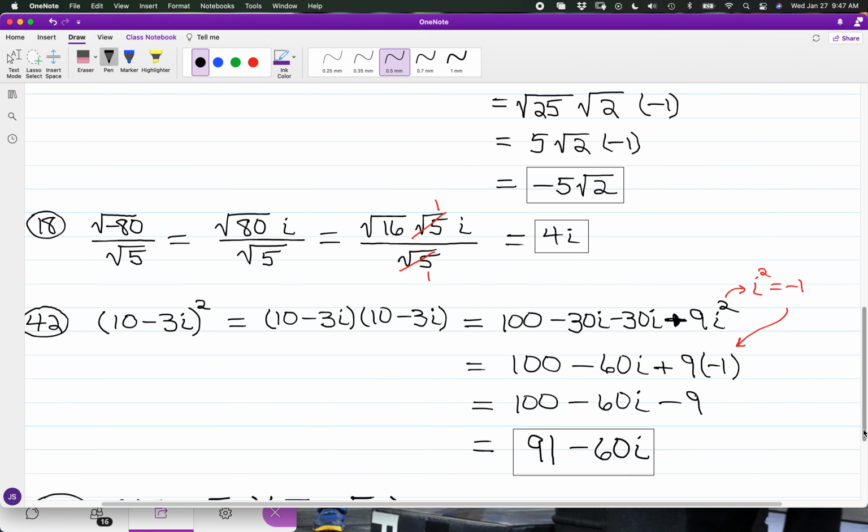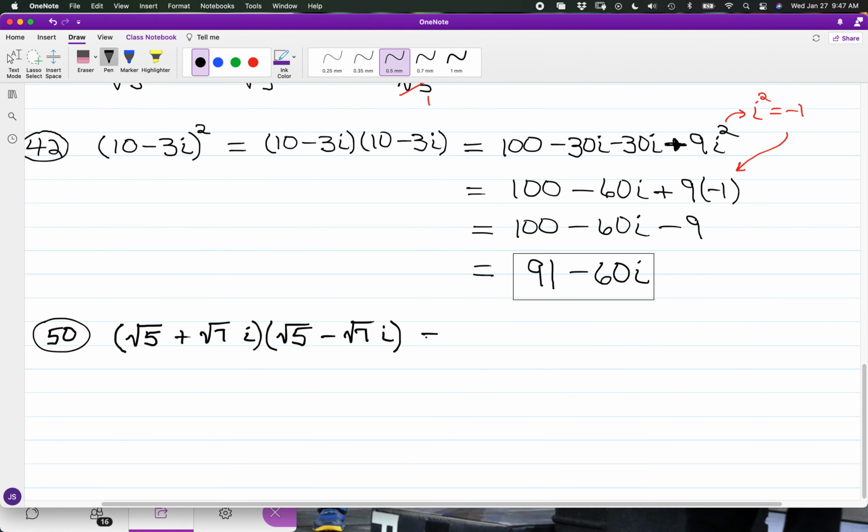If I multiply together, for the first product, right now I'm just going to leave it in radical terms. You have the square root of 5 times the square root of 5, which would be the square root of 25. Then we have the square root of 5 times the negative of the square root of 7i, so the negative of the square root of 35 times i.